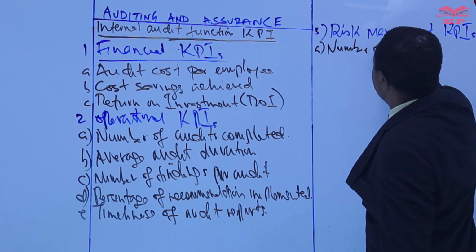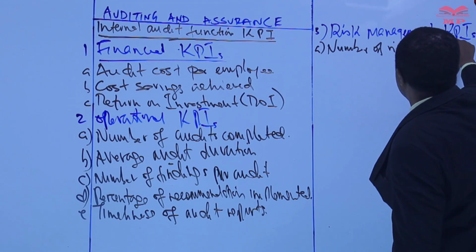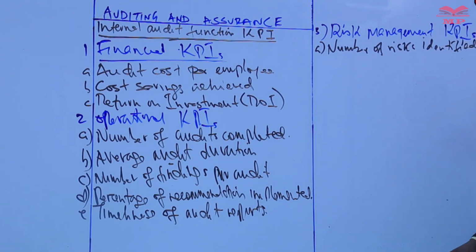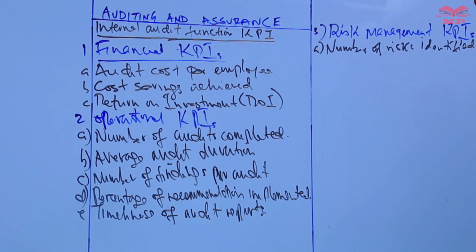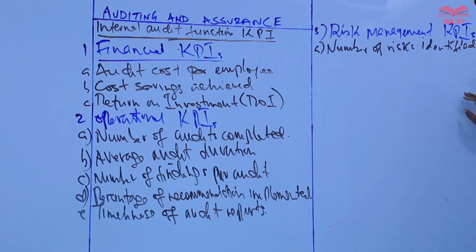Number of risks identified is one key performance indicator. This key performance indicator measures the effectiveness of the internal audit function in identifying and assessing risks.